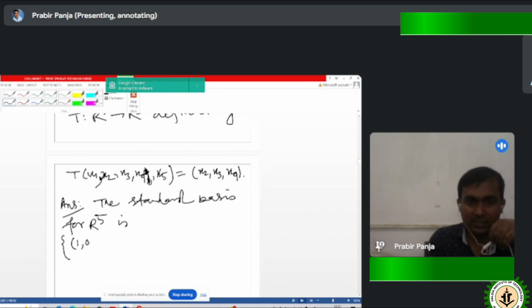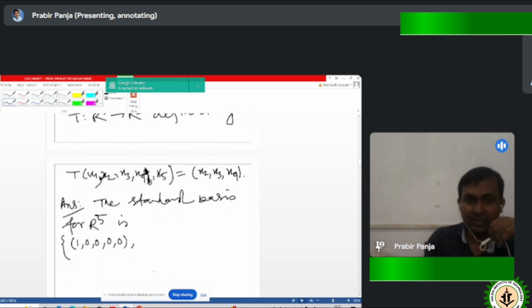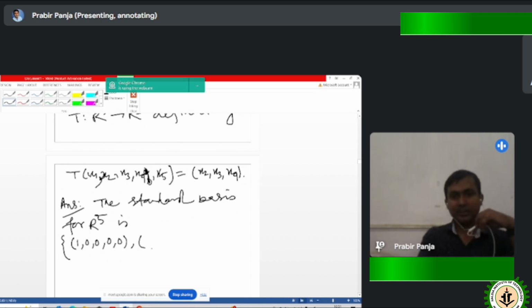It will be 1, 0, 0, 0. If no bases are mentioned in the question, we always have to take the standard basis for the vector spaces V and W. So here V is R5 and W is R3. So that's why first we'll take the standard basis for R5.